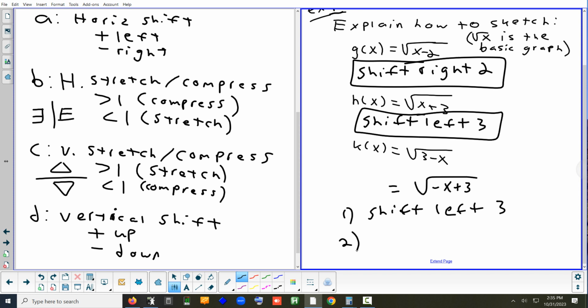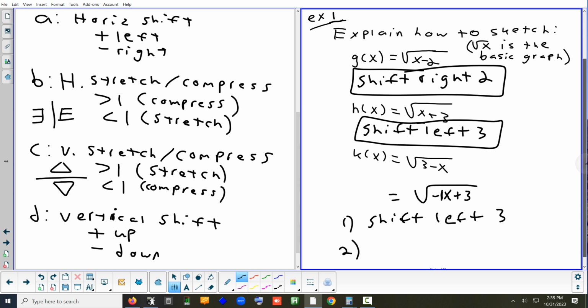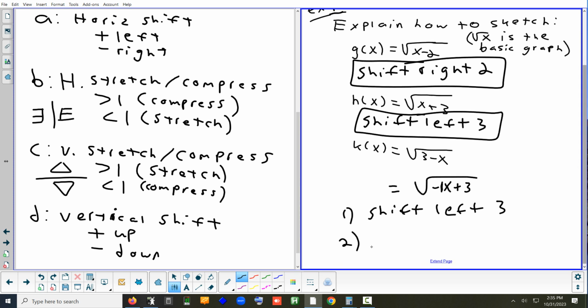And then the negative, it's like having a negative 1 right there. What's the negative 1 do? Horizontal reflection. Just a reflection, yeah. There's no compression there because that number is a 1. So the 1 doesn't change anything. The negative causes it to flip.